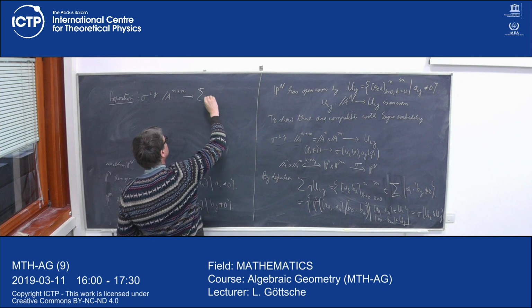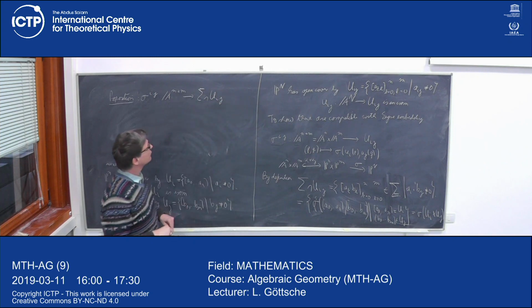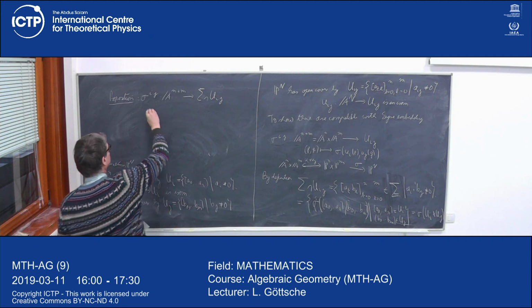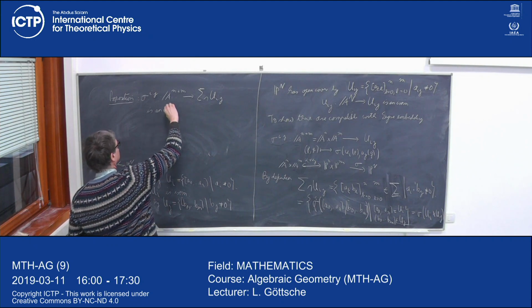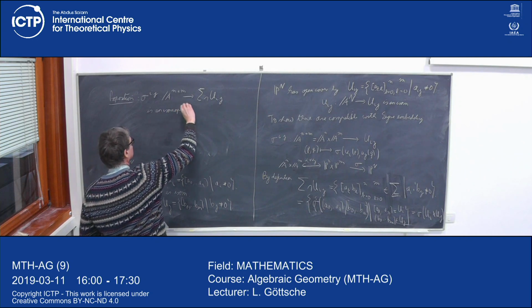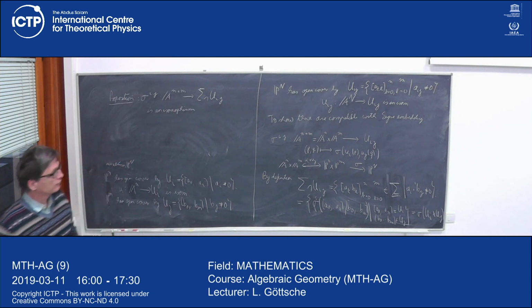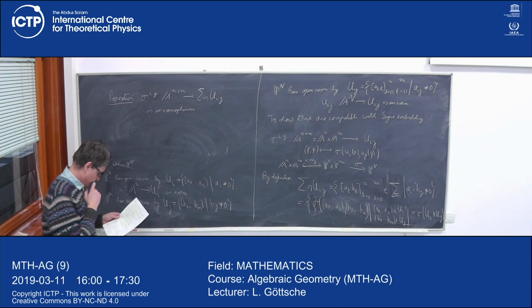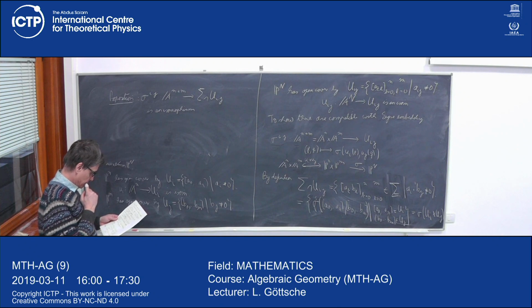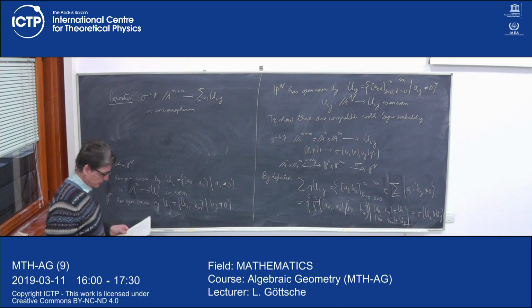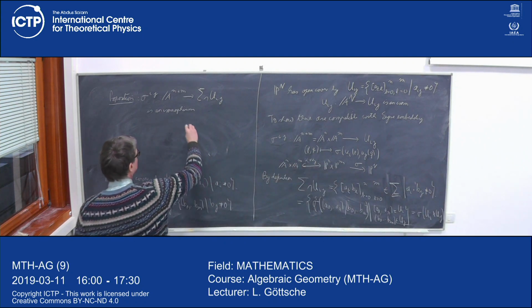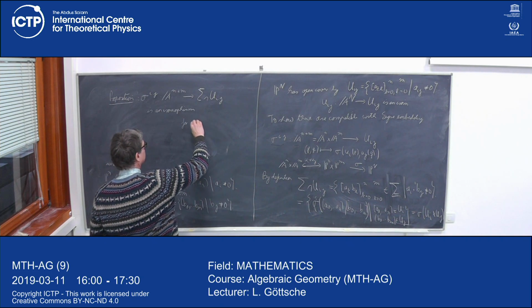Sigma intersect Uij. So this is the open subset in sigma, so this makes sense, is an isomorphism.